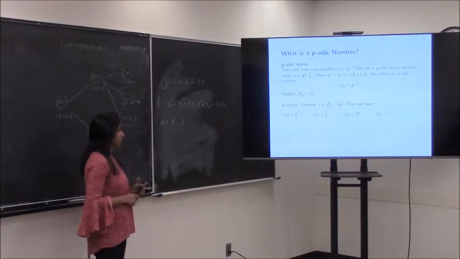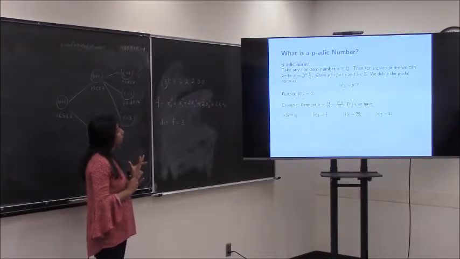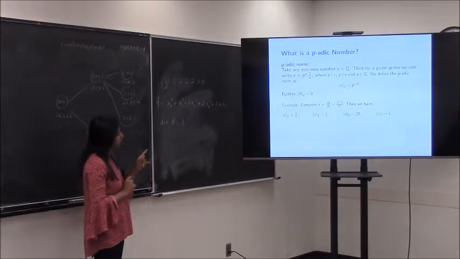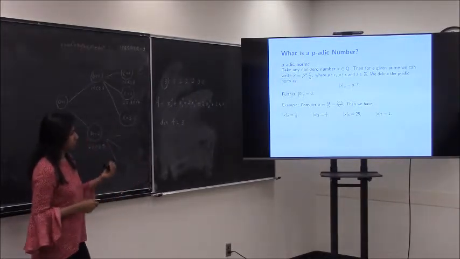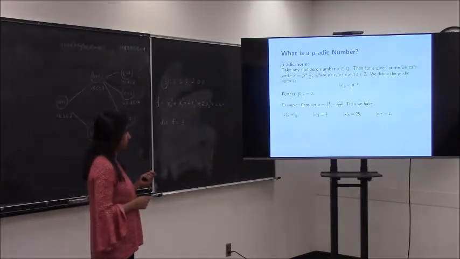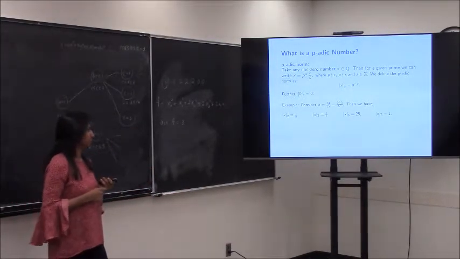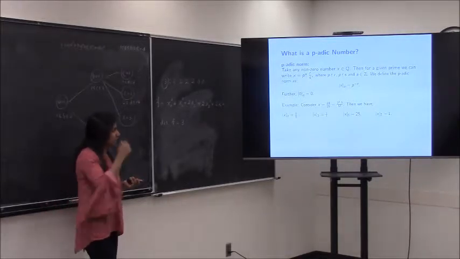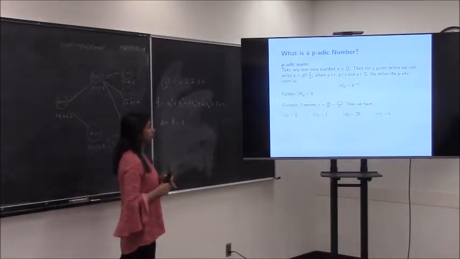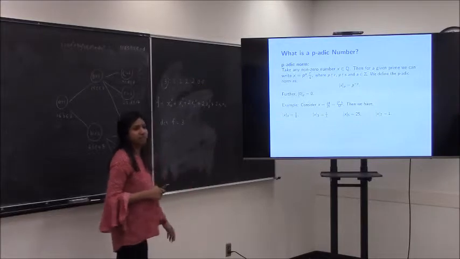And when we consider the 3-adic norm of this number, it is 1/3. And the 5-adic norm will be 25, which is 5 to the negative 2. And the 7-adic norm is going to be 1 because we cannot see any factor of 7 here.